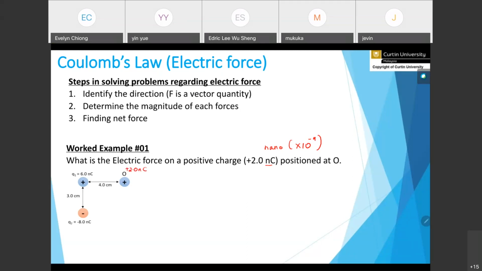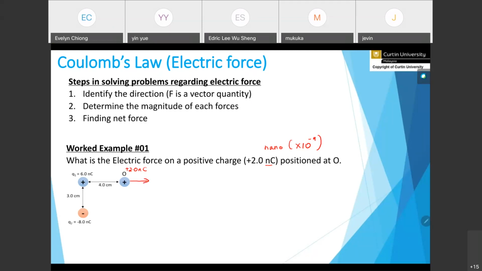But this 2 nanocoulomb positive charge due to Q2, the negative, is going to be attracting each other. Okay, so because of Q1, the direction of the force that is going to be experienced by the positive charge is to the right. Okay, it will not be to the left.